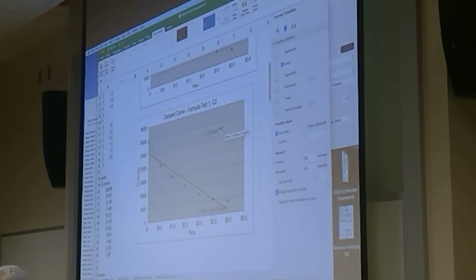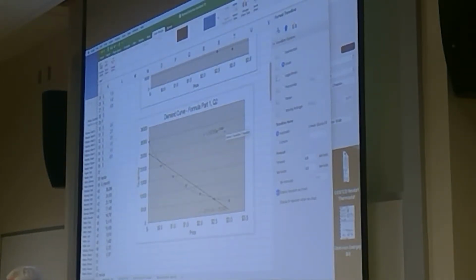All right, any questions about how to fit a trend line or a function, and then how to ask it for the formula for that trend line? See, this is really powerful, because basically you're taking raw data, putting it into a chart, and then Excel is finding the statistical analysis for you that works the best.